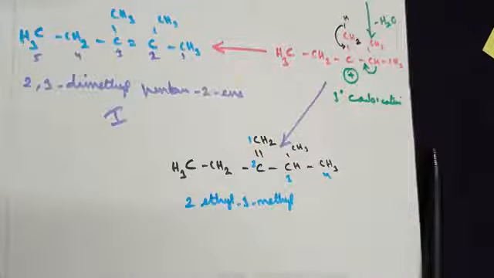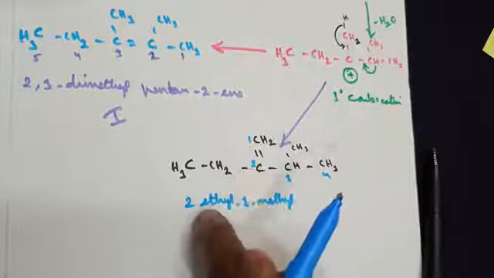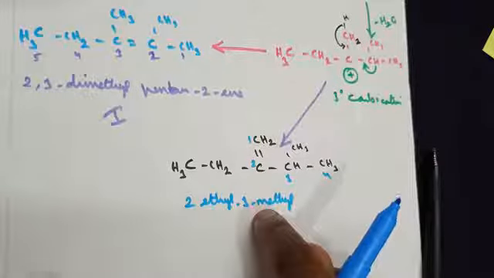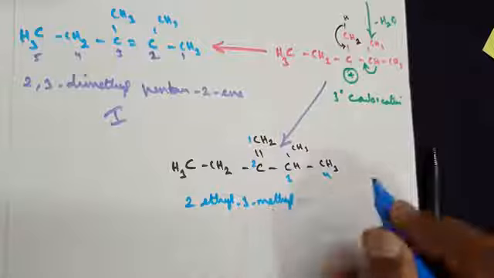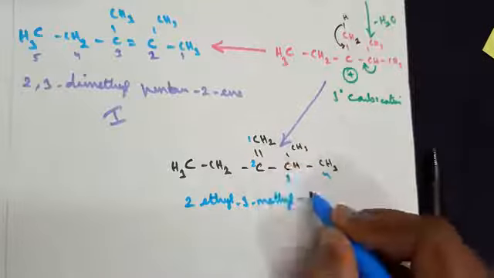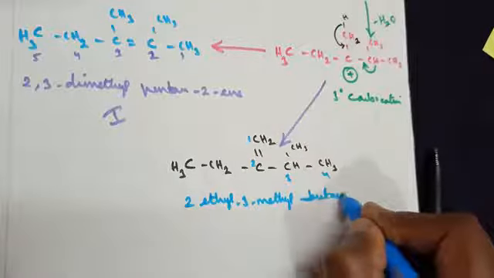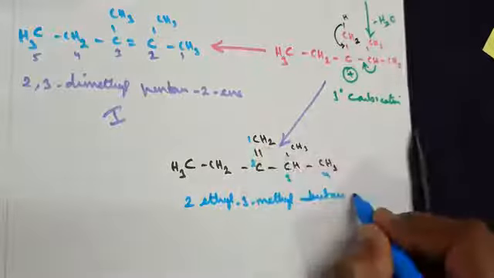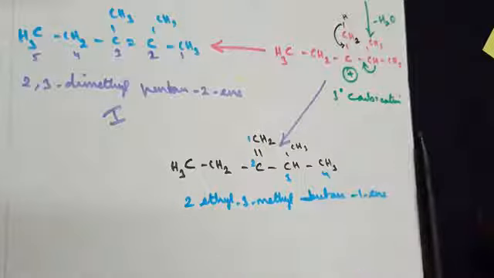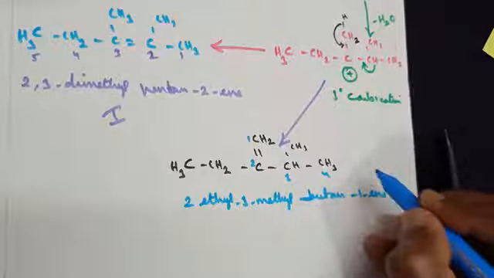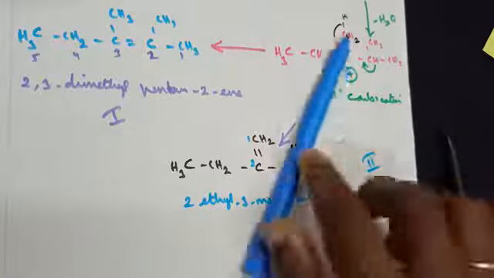All this nomenclature you have learnt. E comes before M. So 2-ethyl, 3-methyl, butane, because we've got a 4 carbon chain here. And after the first carbon we've got a double bond, so butane-1-ene. This is the name of the second product we have got.